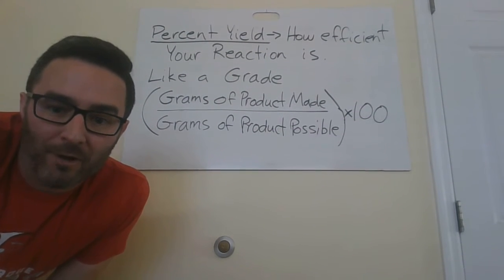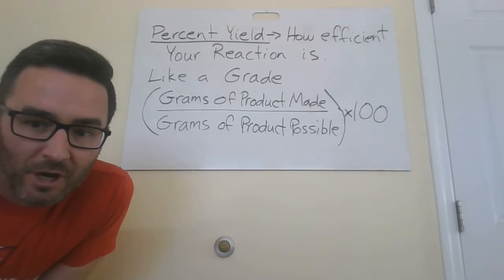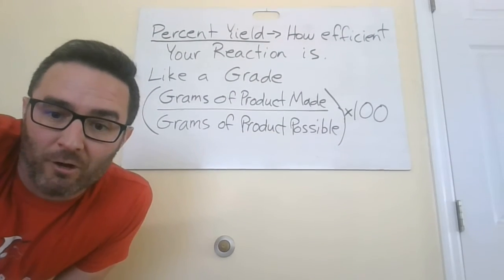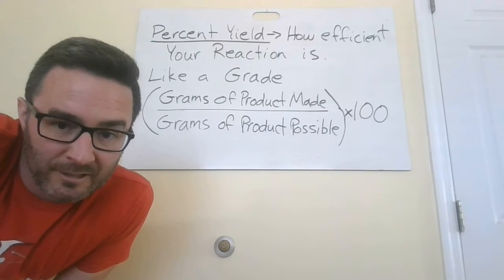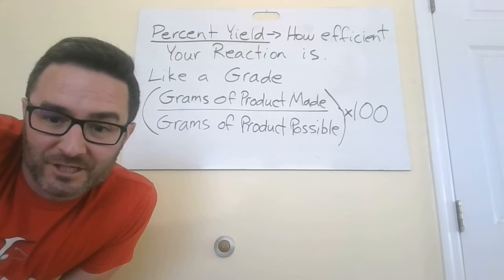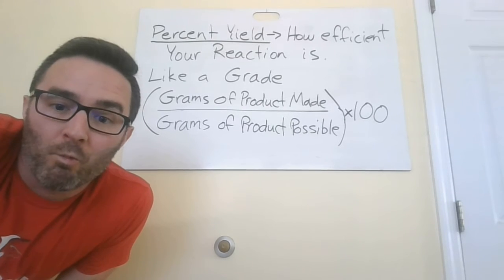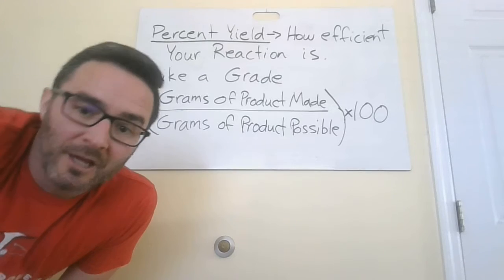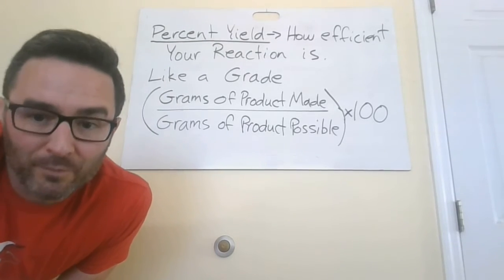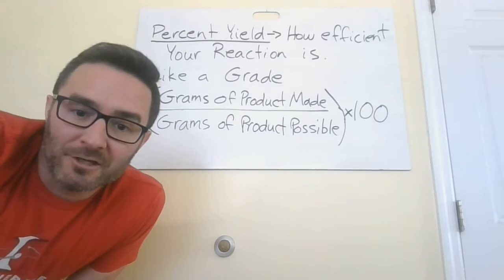And it really is like a grade. So if you wanted to know what your grade on a test was, say you're taking a 50-point test, and you got 46 out of the 50 points. What's your percentage? It's a 92%. You take 46, divide it by 50, multiply it by 100, you get 92%.